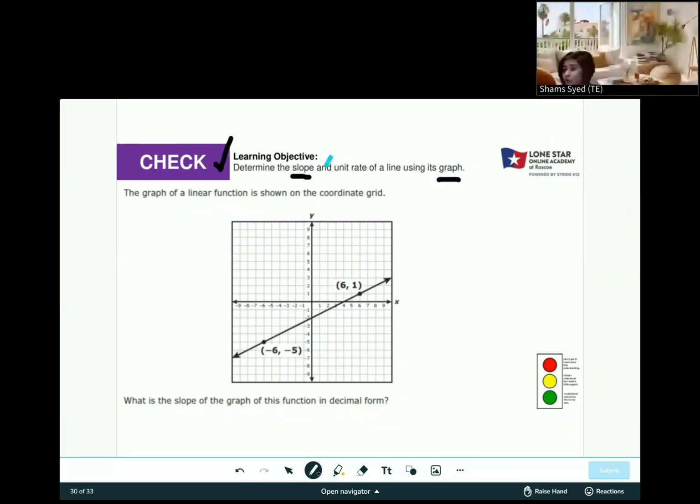When students were tested a few years ago, they were given a graph, and the question asks, what is the slope of the graph of this function in decimal form? If you understand what we are learning today, this is your check for understanding. The 3-minute timer starts. Go show me mastery. As you show me mastery, I will let you fly on your own.